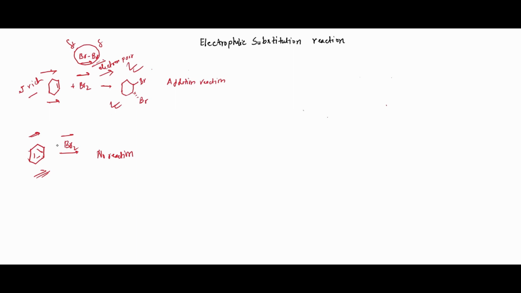But we can actually force this reaction to happen, because you already know that a nucleophile is attracted to an electrophile, and this attraction can be tuned. That means that we can make this attraction even stronger.